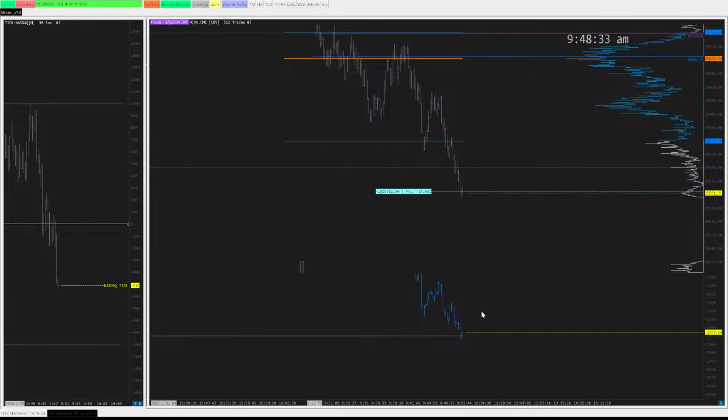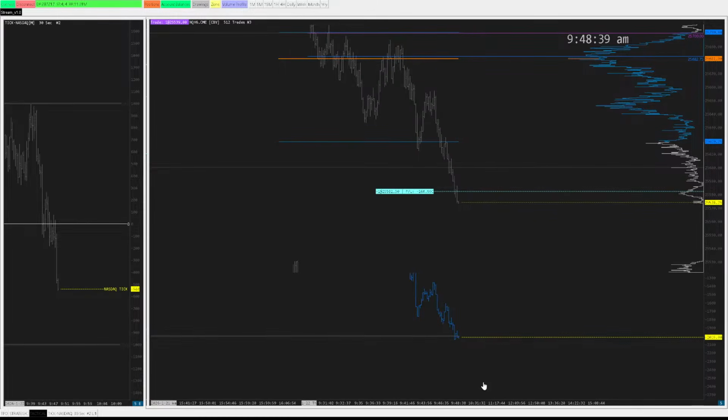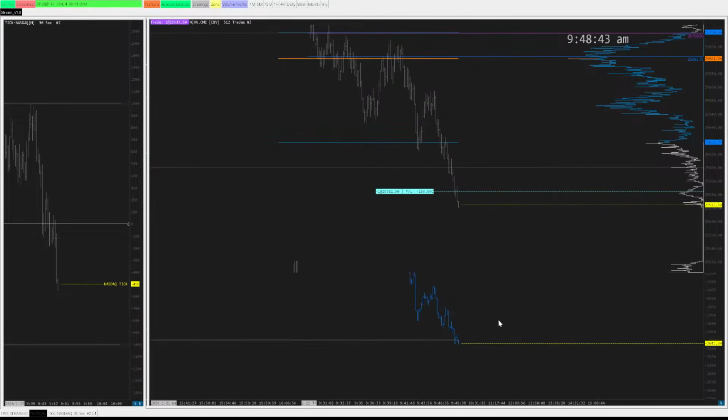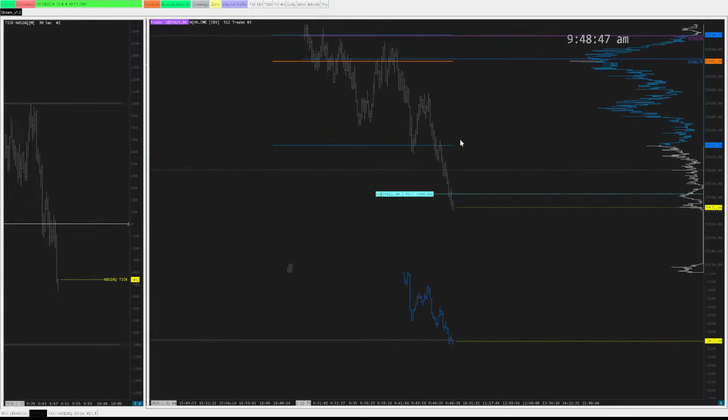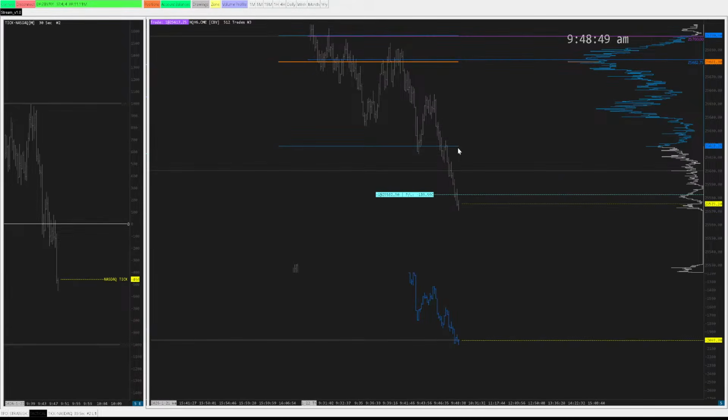So basically, order flow wise, I'm looking at trades delta, volume delta, looking at tick a lot. Those are kind of the main ones that I look at. I don't use footprints or anything like that.